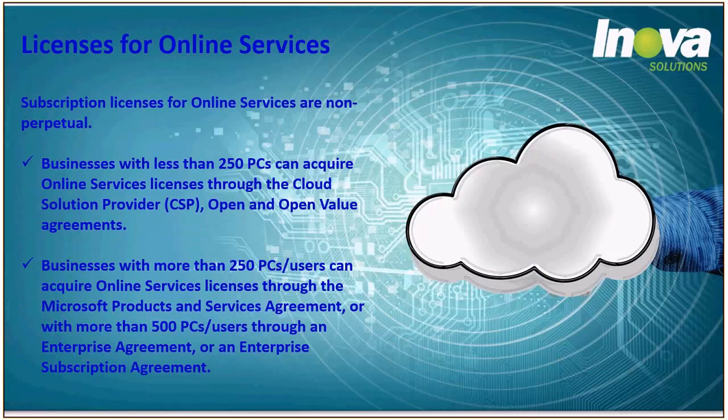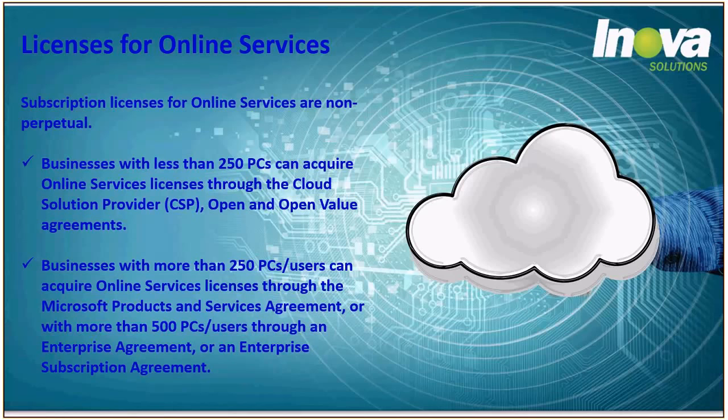Licensing for online services now. Online services, as we know, now that we have gone through the perpetual versus the non-perpetual, are non-perpetual licenses. These are subscription licenses. So if you are a business with less than 250 PCs or users, you can acquire online services licenses through the CSP program, through Open and the Open Value agreements, because you're less than 250.